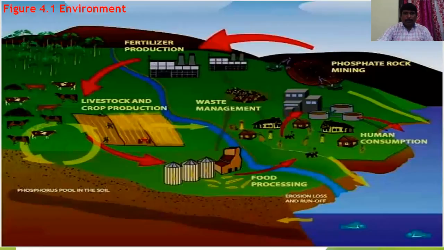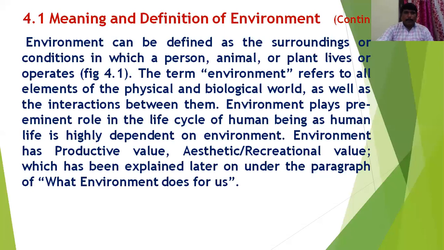Environment plays a preeminent role in the life cycle of human beings, as human life is highly dependent on environment. Environment has productive value, aesthetic and recreational value, which will be explained later in the following paragraphs.